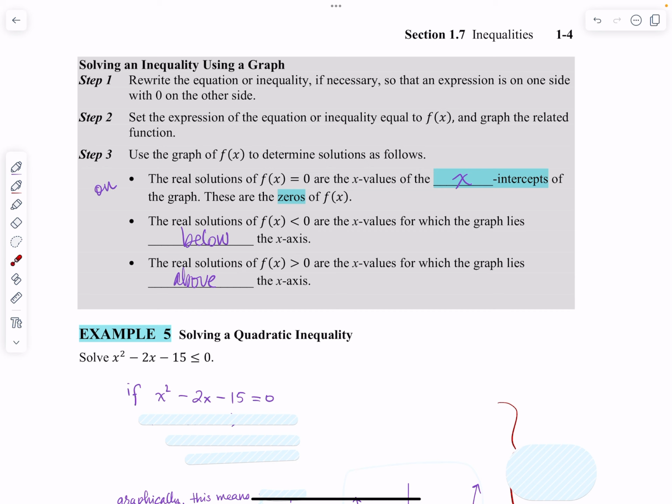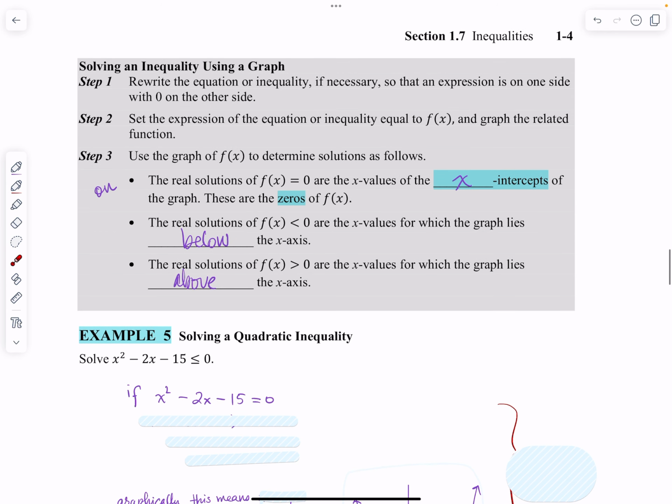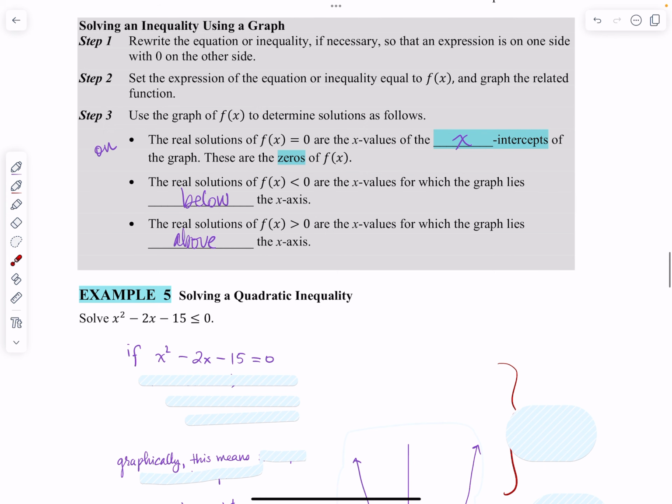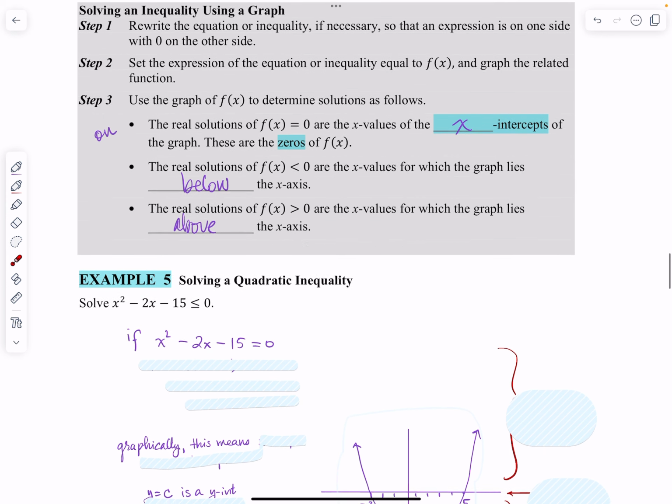And then if my graph is less than 0, this is wherever our graph is going to be below the x-axis, and when our graph is greater than 0, this is where the graph is going to be above the x-axis. So let's just go ahead and pick this apart and see exactly what this means.